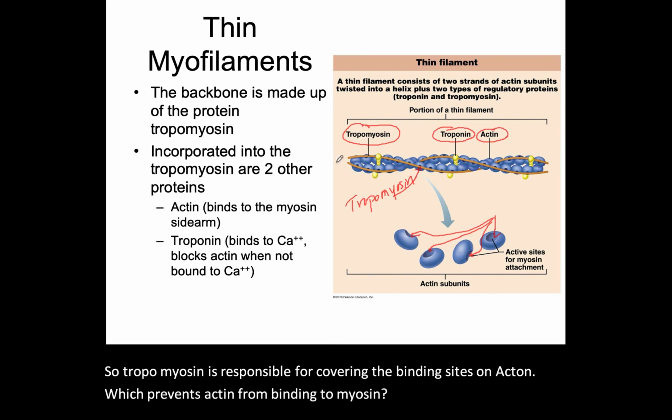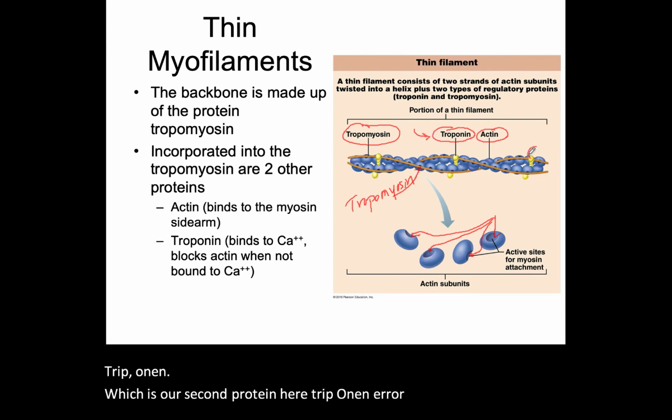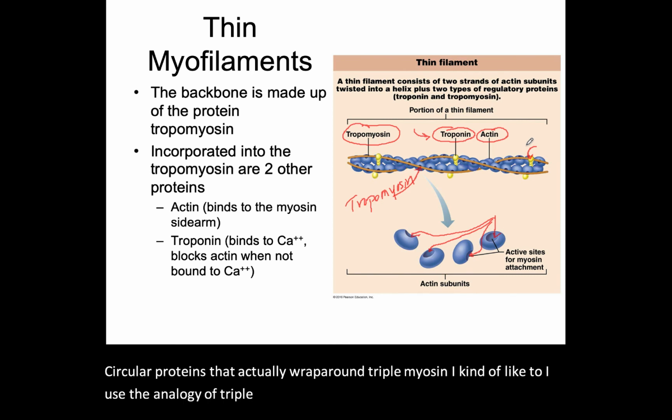Troponin, which is our second protein here. Troponin are these little yellow circular proteins that actually wrap around tropomyosin. I use the analogy of tropomyosin being like the Twizzler strings, all right?